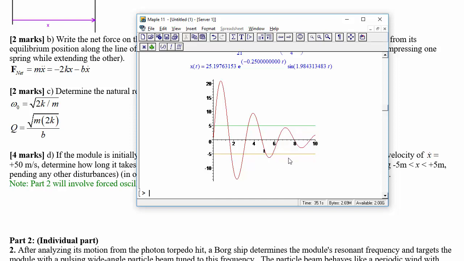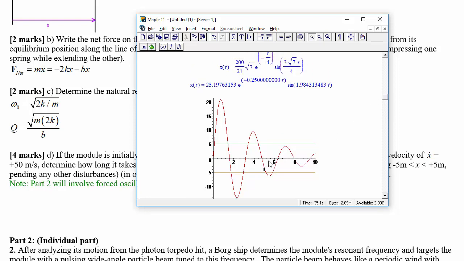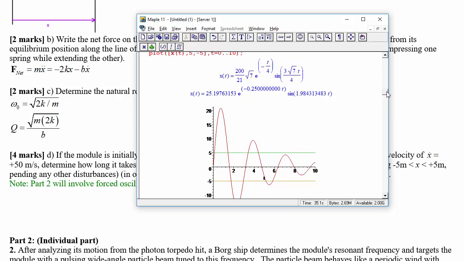So it looks like the last time that it is more than 5 away from the equilibrium position is this point right there. So we're going to be looking for where the solution is -5 in this range in particular. So let's zoom in on the plot. Maybe we're going to plot from t is 5 to 6.